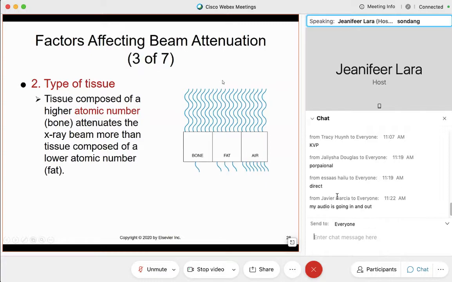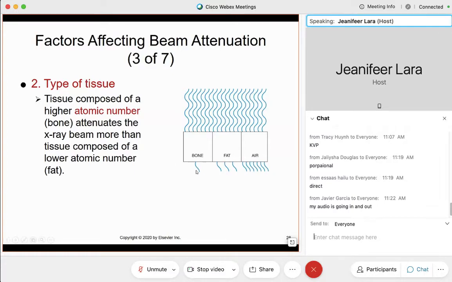That's what I see. What I'm saying is there's primary beam entering. There's more attenuation. How do I know? Because there is less remnant. Here, there is less attenuation because there is more remnant. Make sense?